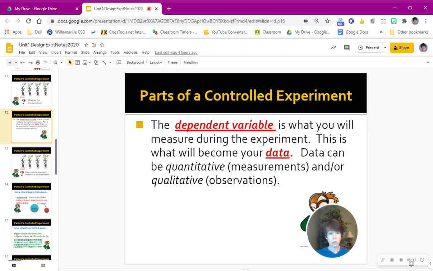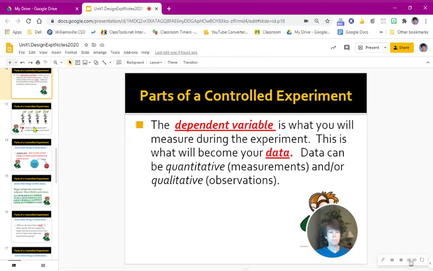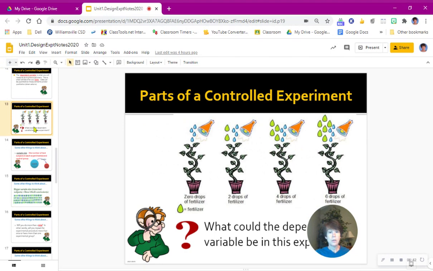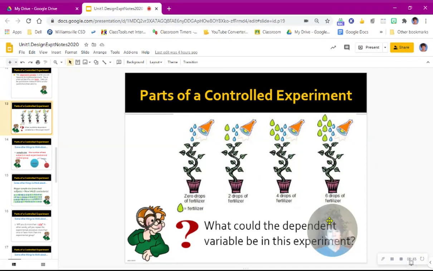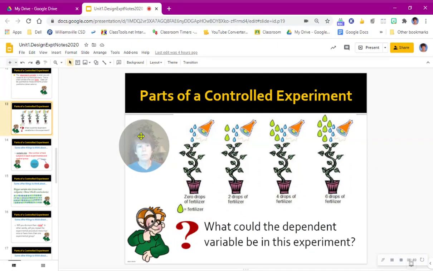And it's the dependent variable that's the outcome, right? And we're going to measure that outcome either with numbers, quantitative, or observations, qualitative. So measurements would be taking the temperature of something, measuring its length, measuring how big it is, something like that. And the qualitative data would be like observing a color change, observing a smell, does it bubble or not? Those are qualitative things. And in a good experiment, you're going to probably want both of those to be there.